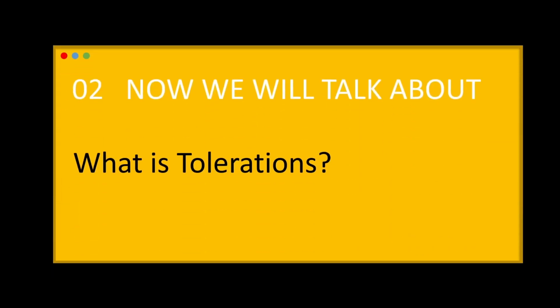Now, what is toleration? Now the question comes to mind: if we add taints on all nodes, then how can we schedule a pod? The answer is with the help of the toleration mechanism. Toleration allows a pod to be scheduled on nodes with matching taints. In short, we can say that with the help of toleration, the pod will not get repelled from the tainted node.